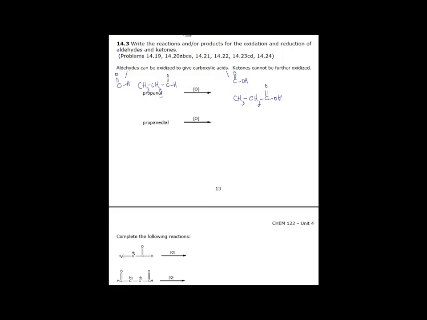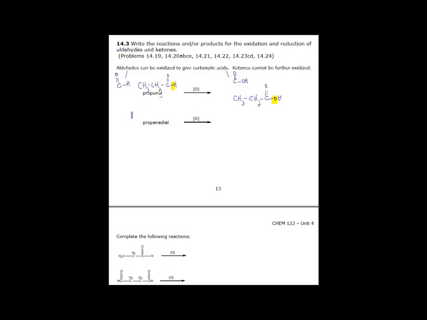So this is the second definition of oxidation that I gave you earlier, the addition of oxygen. What you've done in this reaction is inserted an oxygen between this carbonyl carbon-hydrogen bond. So we now have an oxygen here. So aldehydes can be oxidized to carboxylic acids.